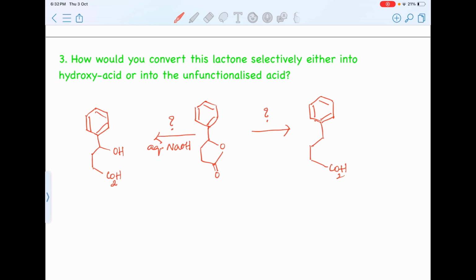And in the case of the conversion to unfunctionalized acid, we have to attack at the secondary benzylic position, that is reaction with hydrogen and palladium on charcoal will yield this product.